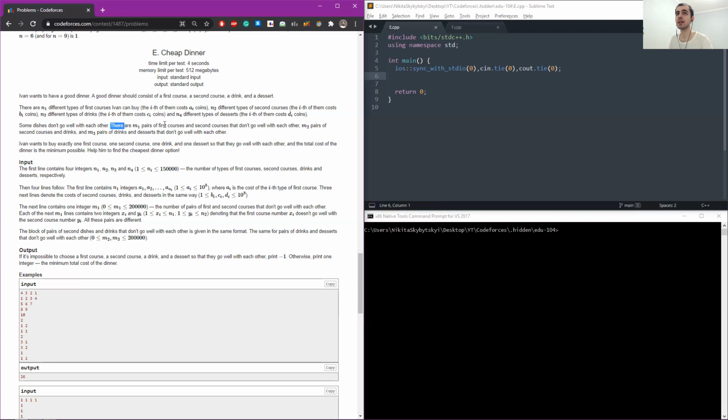There are M1 pairs of first courses and second courses that don't go well, M2 pairs of the others. We don't have any sort of transitivity, which is suspicious. But anyways, exactly one of each, total cost as minimum as possible.